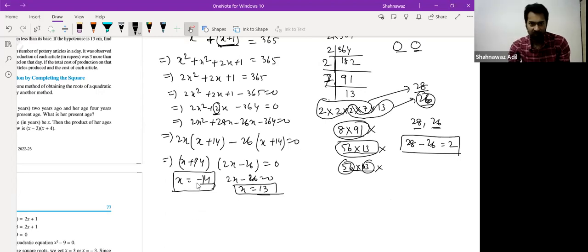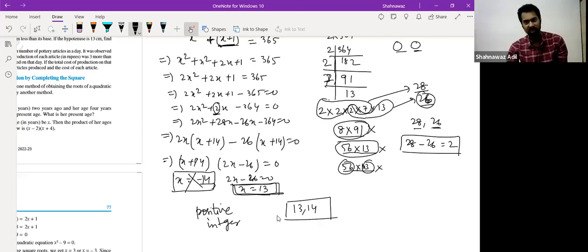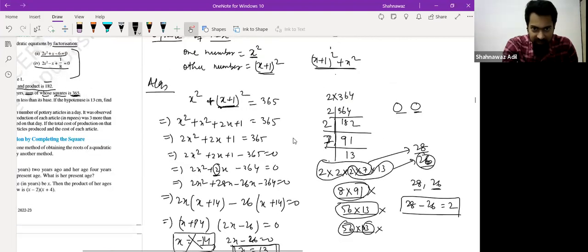Minus 14, because this is negative, and we have to choose the positive integer. So the positive integer is 13, so x is 13. So what are the two numbers? 13 and 14. Okay, guys, note it down and then we can end.